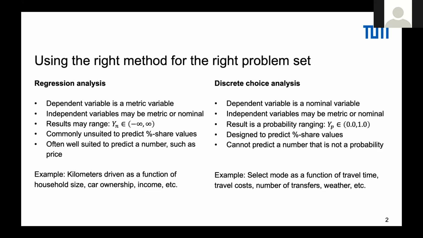It's usually assumed it goes from minus infinity to plus infinity. Whereas in discrete choice analysis, the dependent variable is always a nominal variable. It could be an ordinal variable, but it's something that I can name. So in there, I calculate the probability that a certain outcome is selected.